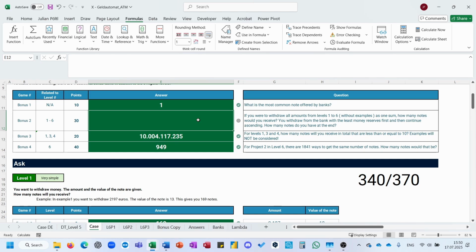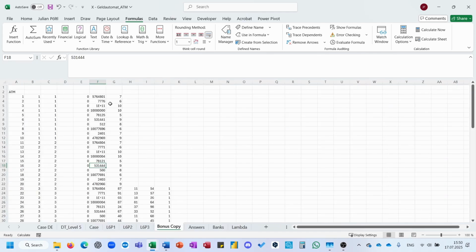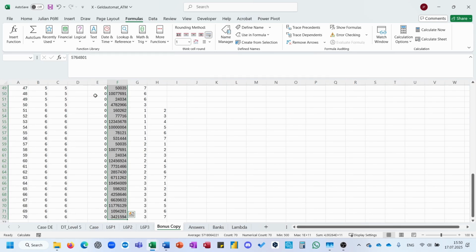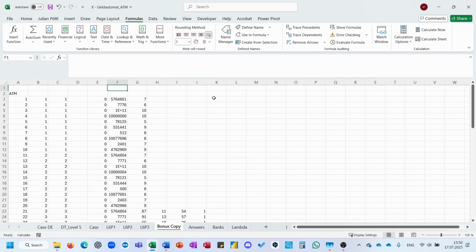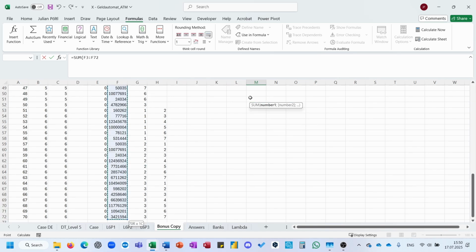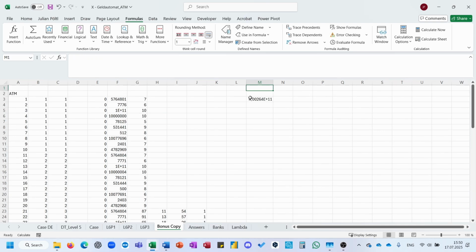Now, bonus 2 left. You were to withdraw all amounts from levels 1 to 6 without examples in one sum. So, all amounts from levels 1 to 6. And I have prepared this with my bonus copy, so this is the amount we want to withdraw in one go. 400 billion.